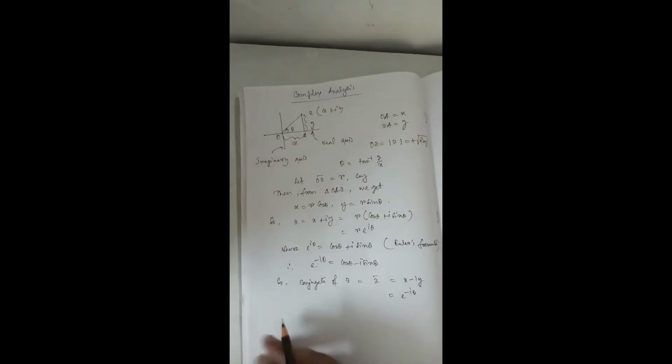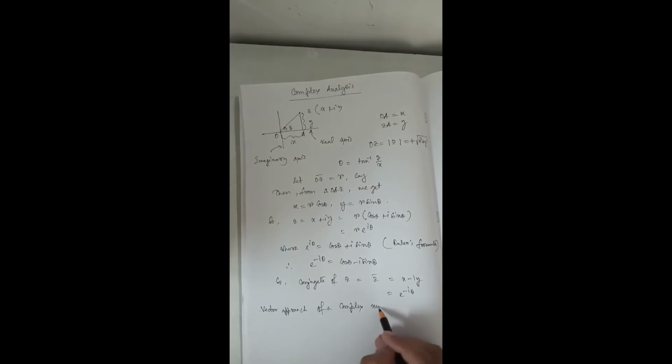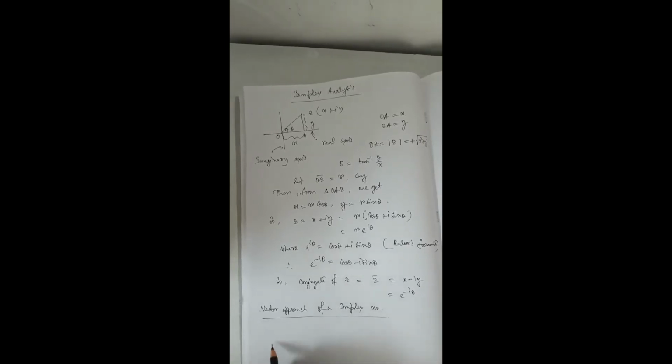Now we shall go to the vector approach of a complex number. This is the Argand diagram, Argand plane, real axis, imaginary axis.